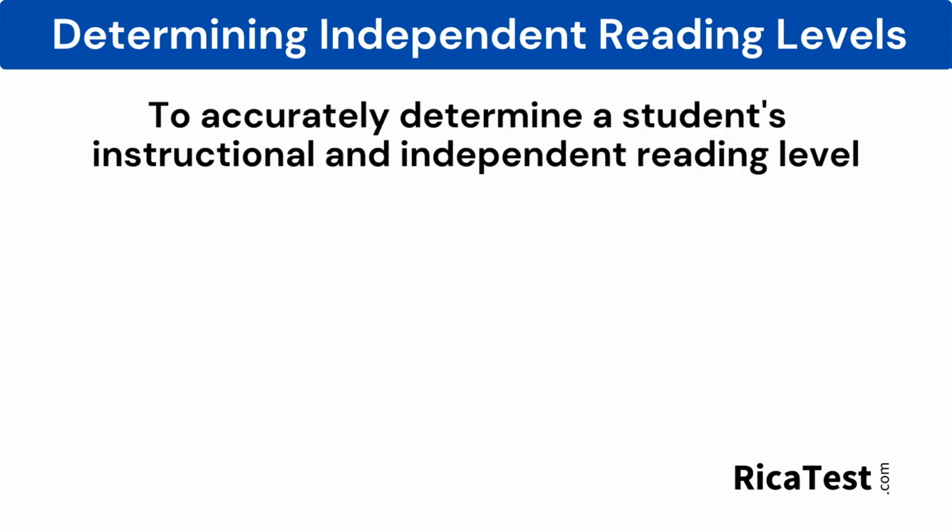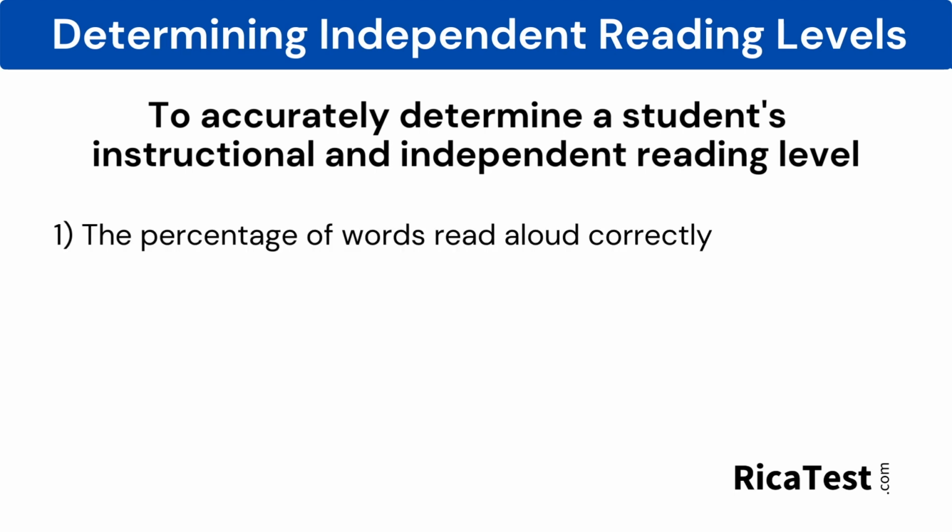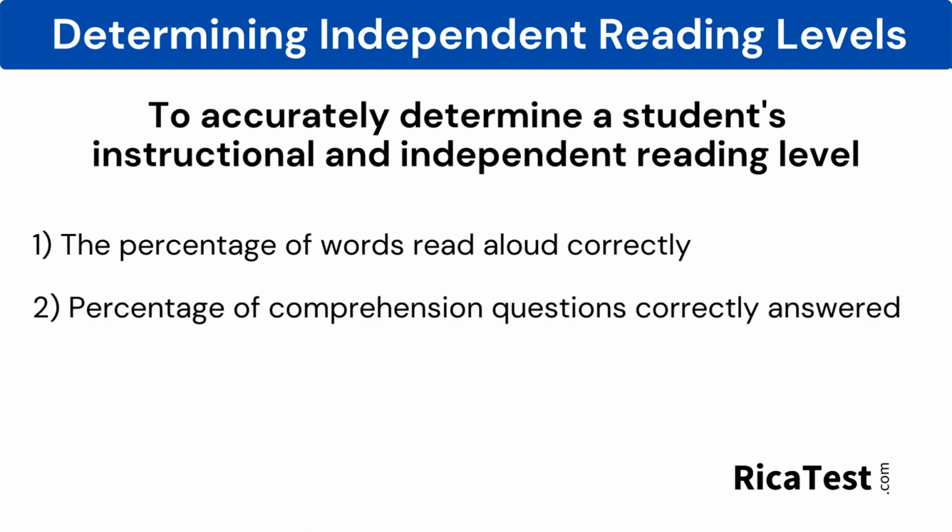Quick to note, a teacher needs these two things to accurately determine a student's instructional and independent reading level. The teacher will calculate first the percentage of words that the child can correctly read aloud, and second, the percentage of comprehension questions the child correctly answers.